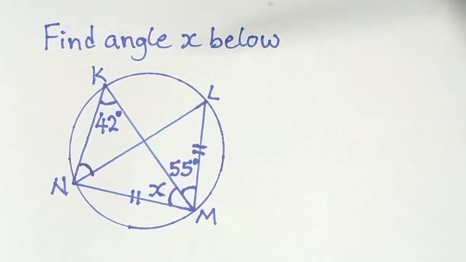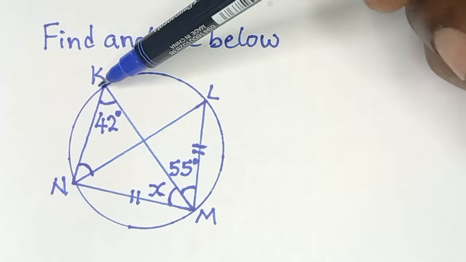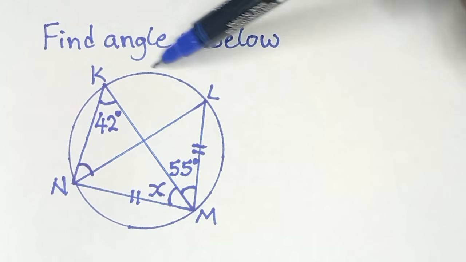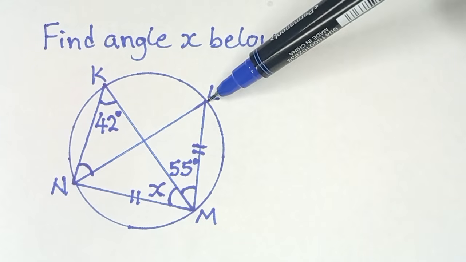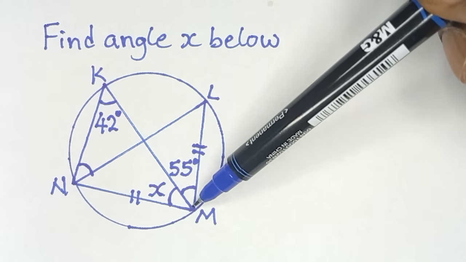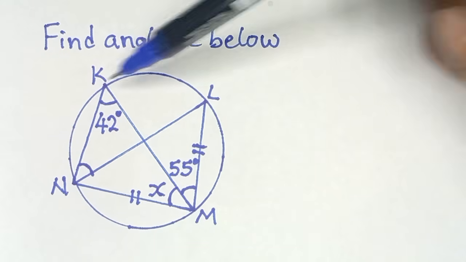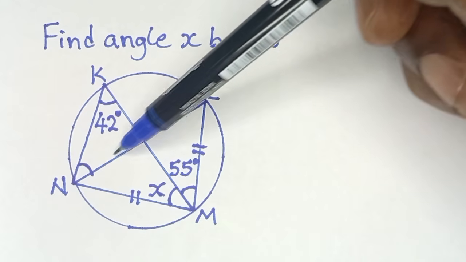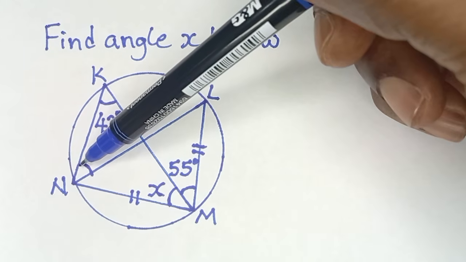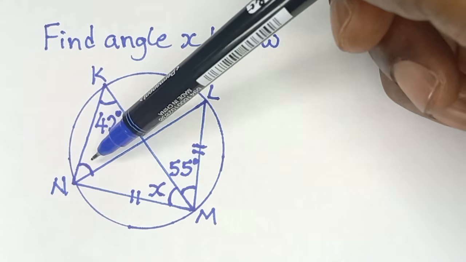So when lines like that come from the same point, and they form a particular angle at one part of the circumference, when another set of two lines from the same point goes to another part of the circumference to form an angle, those two angles are the same.